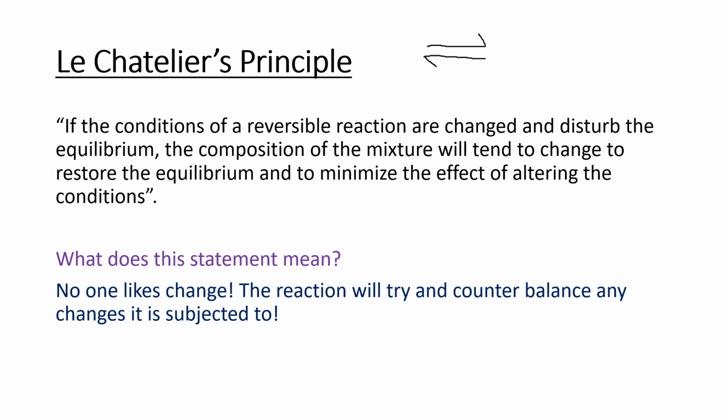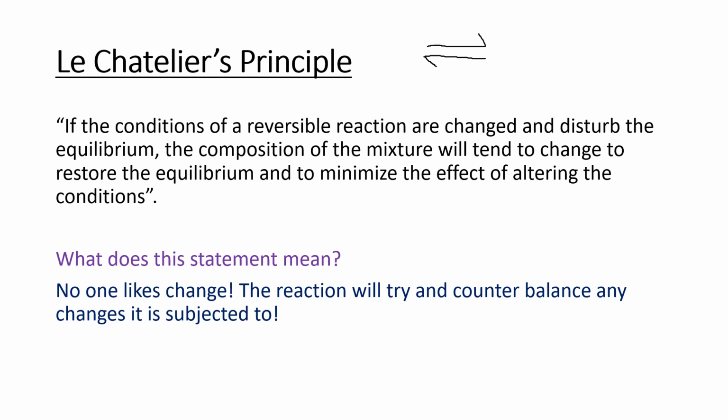Now when a reaction is at equilibrium, both of these processes are still happening. The temptation is to say that the reaction is finished, but actually what's happening is that the rate of the forward reaction equals the rate of the reverse reaction, so it appears that the reaction has stopped, but actually if you could zoom in, see what's happening, the two processes are just cancelling each other out.